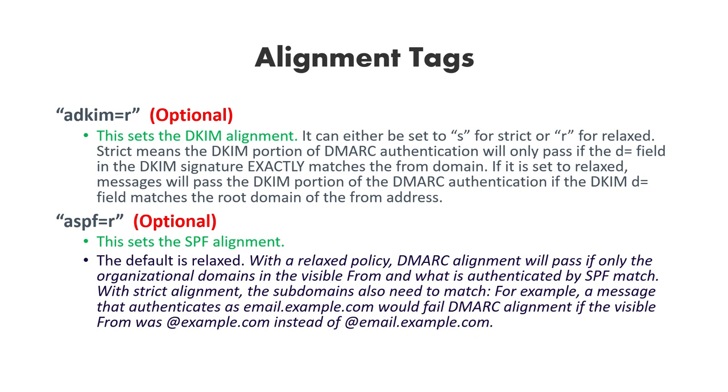If you have it strict and it came from forum.yourdomain.com, it would fail, because it differentiates between the subdomain and the main domain. Normally you would want it relaxed because you own that domain, and this means you control the subdomains. So there's really no reason to have it not be relaxed. ASPF equals R is the SPF alignment, and it's the same thing only for SPF. So again, I'd recommend relaxed on both.